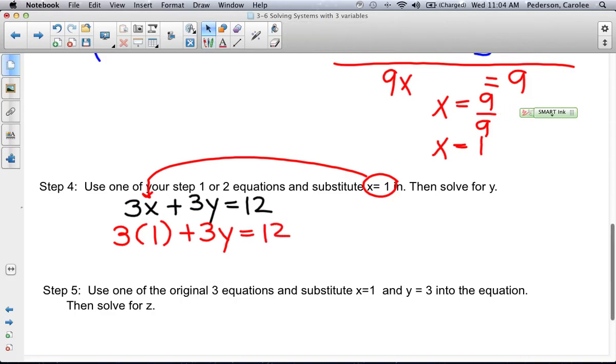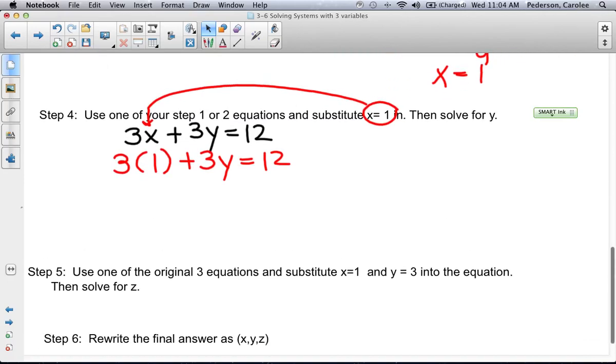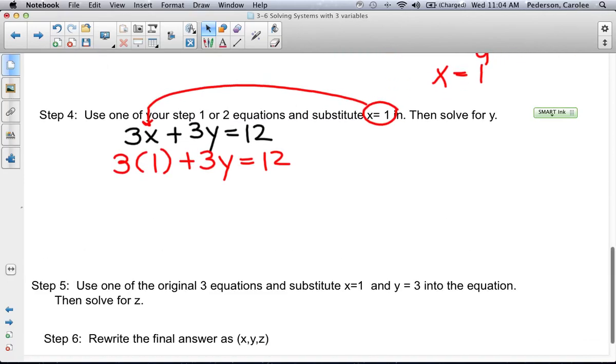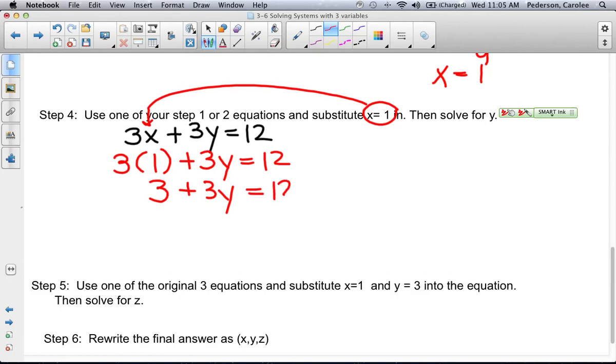Now we will solve this equation for y. 3 times 1 is 3. Then we subtract 3 from both sides, so 12 minus 3 is 9.